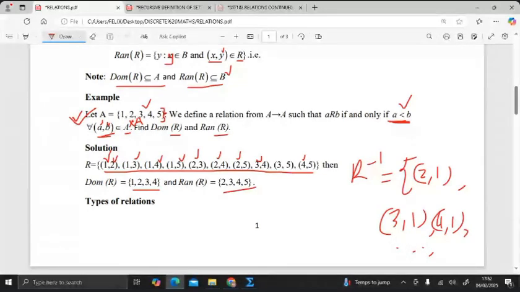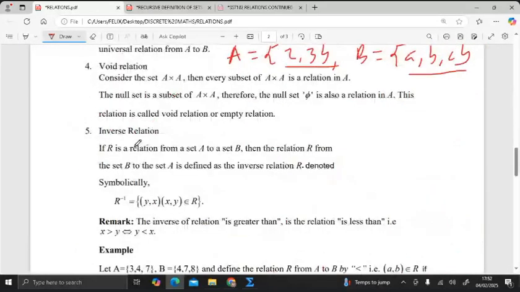So R inverse, if we were to talk about this one, will be 2,1, 3,1, 4,1, and that continues that way all the way to 5,4. That is the inverse relation of this.